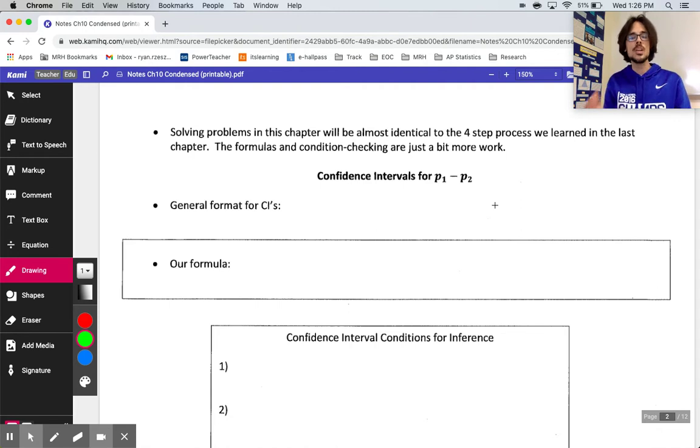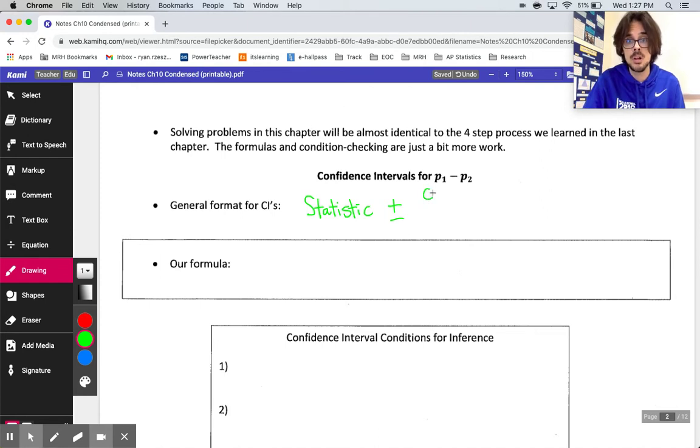Remember, in general, when you write down a confidence interval, you start out with whatever you got from your sample, which we either call a point estimate, or more specifically, it's our statistic for the problem. Confidence intervals start out with a statistic plus or minus that margin of error, which was composed of two pieces.